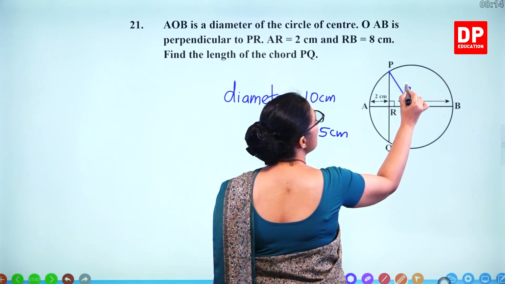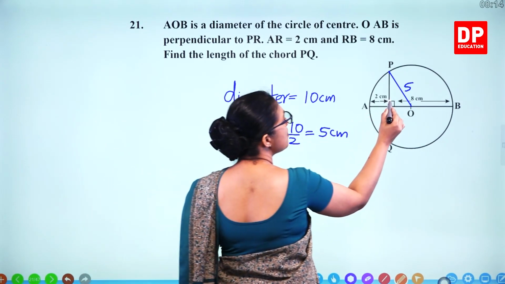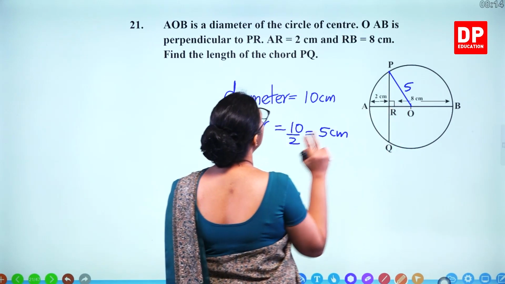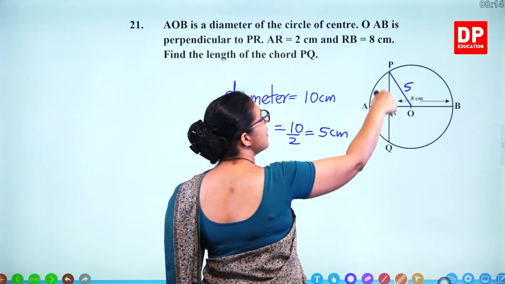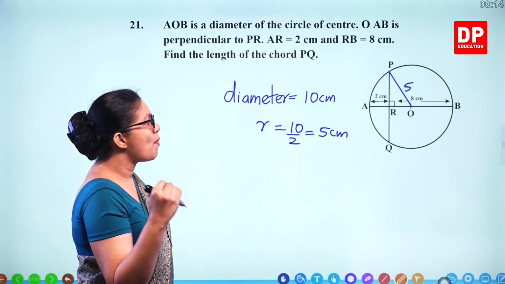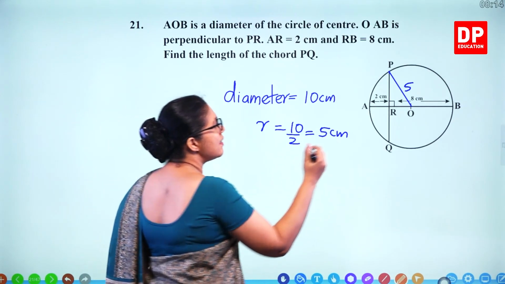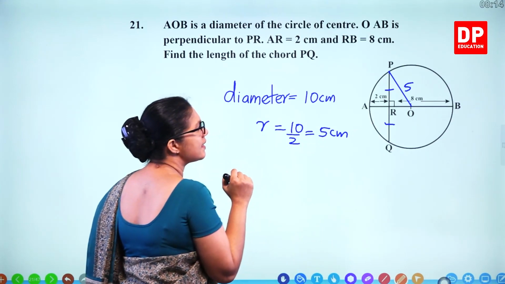So this length is 5. Now you can find out. This is perpendicular, so we can find out this height, PR. We know that when you draw a perpendicular line from the center to the chord, it bisects the chord. So this length is equal to this length.